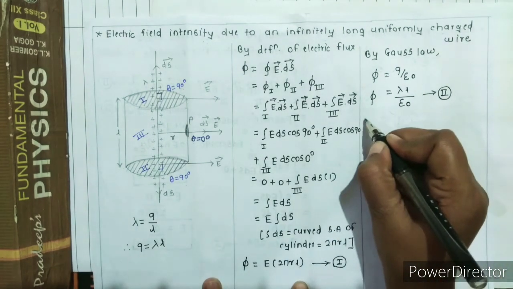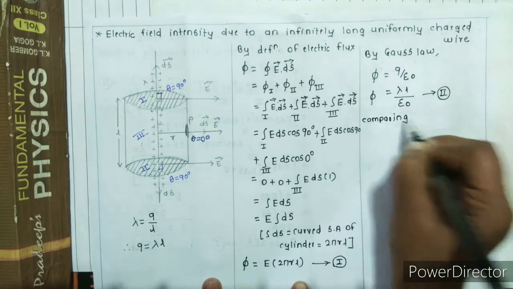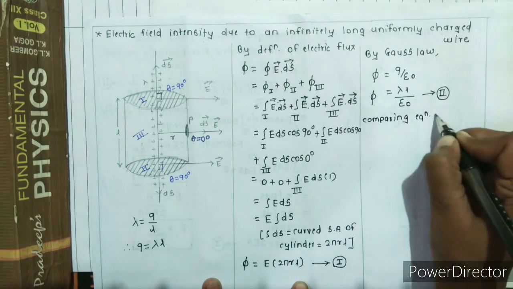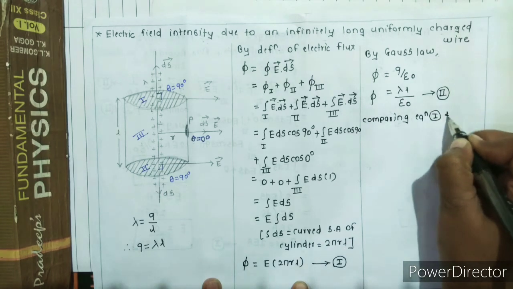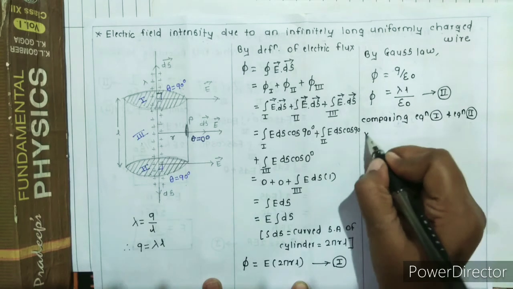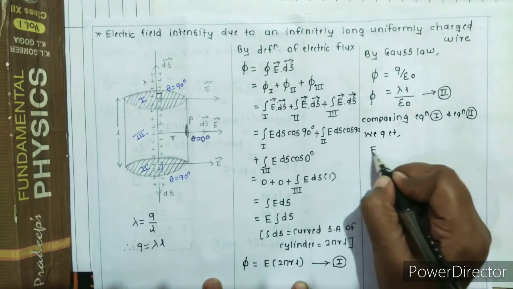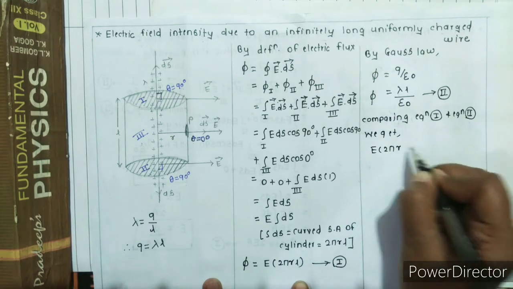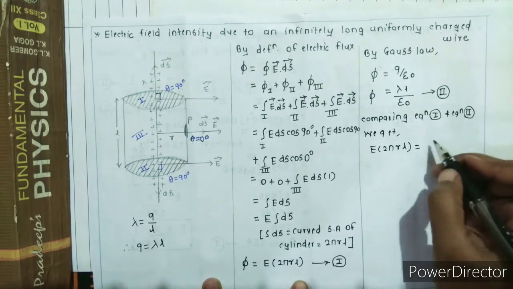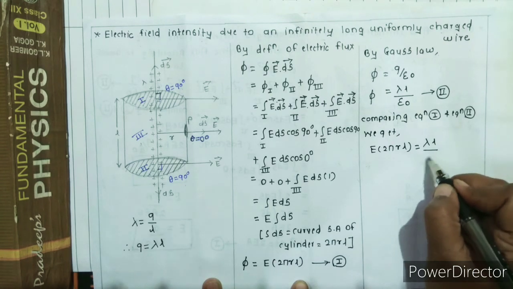So I can write, comparing equation 1 and equation 2, we get E 2 pi r L is equal to lambda L upon epsilon 0.